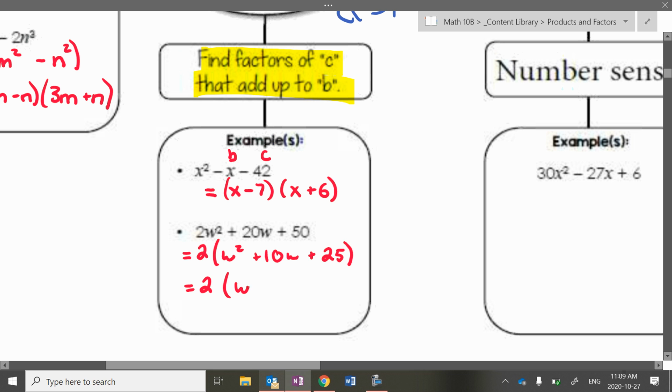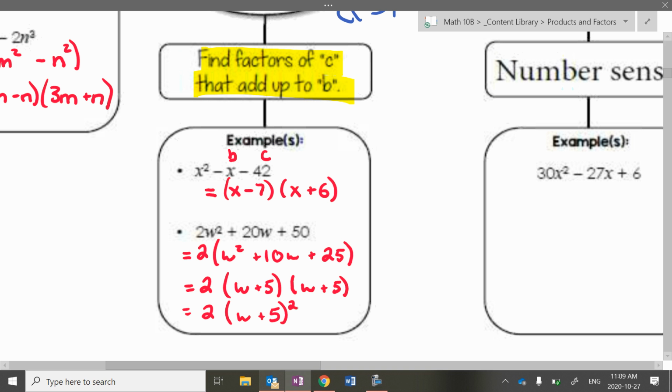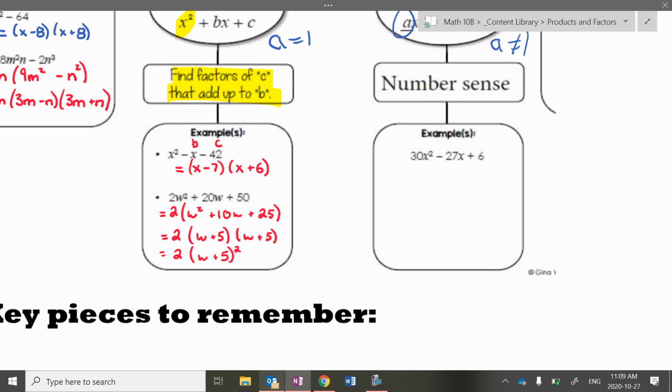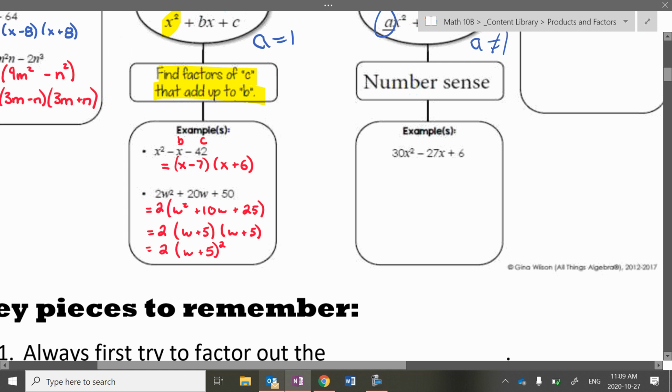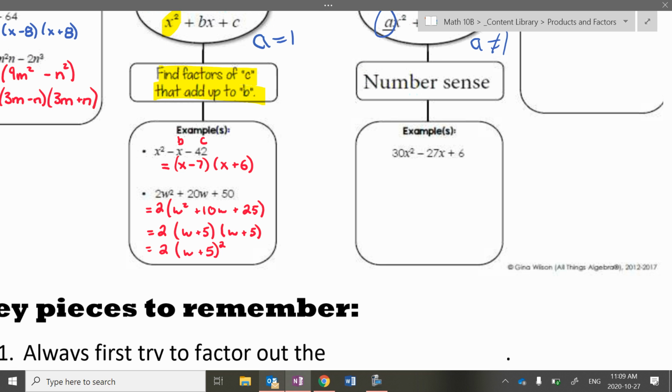So this is going to be w plus 5, w plus 5. I wrote the same thing twice. A nicer way is to rewrite this as w plus 5 squared. We haven't done the next method, so we're going to leave that one blank for now, and then we'll go to factor by grouping.